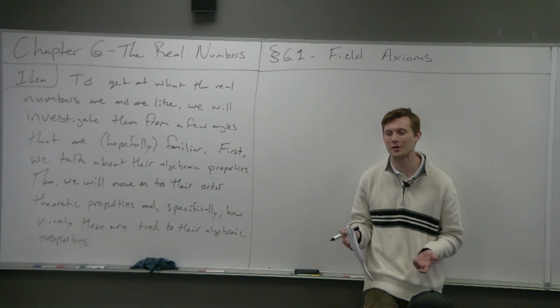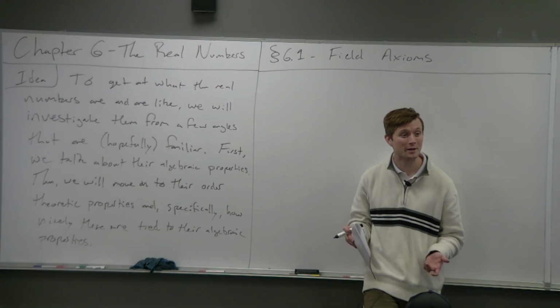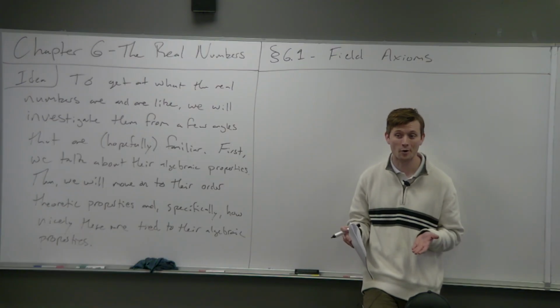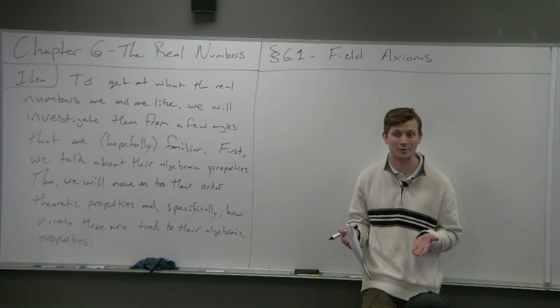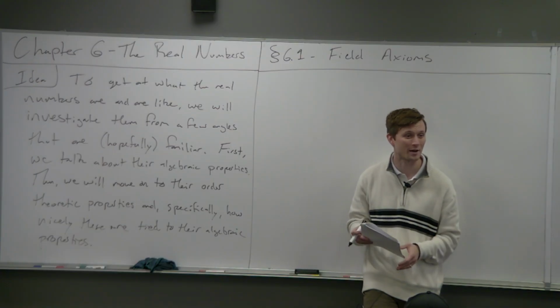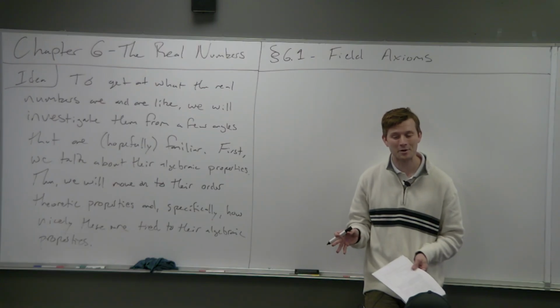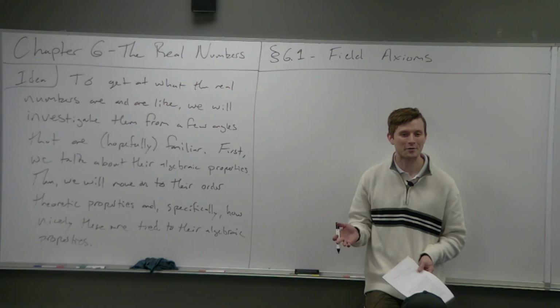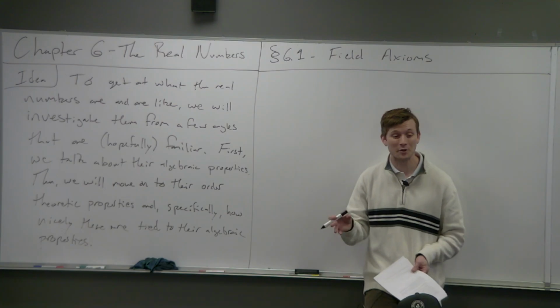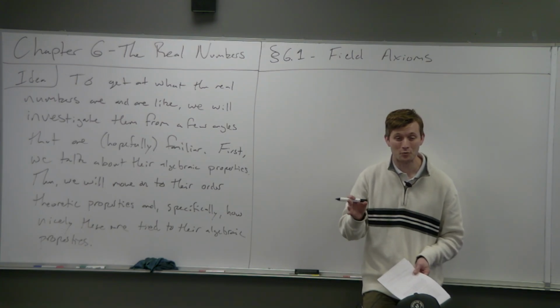So you can think of it like that. If something has a lot of structure, it takes a while to write down what all that structure is. If something has very little structure, you could write down what structure it has very quickly. So the field axioms seem long, but it's not because they're individually particularly confusing. They're all relatively straightforward. It's just because the real numbers, fields, things like this, have a really nice structure.